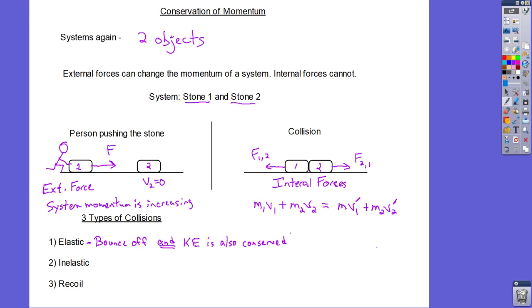So anytime you have a question where they ask, is this collision elastic? Okay, you can't just say they bounce off each other, so it has to be elastic. You have to check that kinetic energy. Find the kinetic energy of 1 and 2 before the collision, add them together, see if you get the same answer for the kinetic energy of 1 and 2 after.